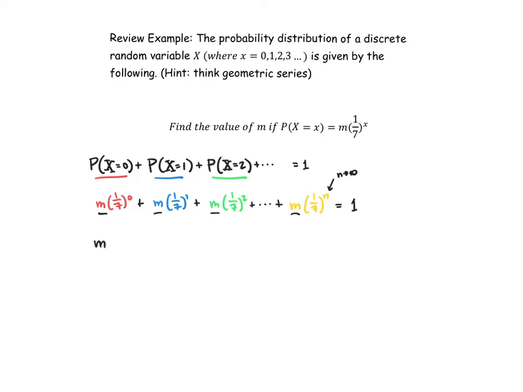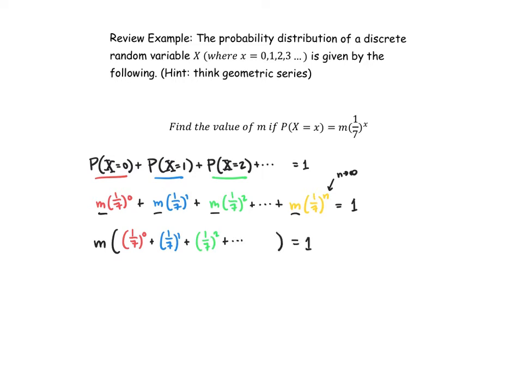So I'm going to take out an m. That leaves me with 1/7 to the 0 plus 1/7 to the first plus 1/7 to the second. And I'm just going to keep on keeping on there.